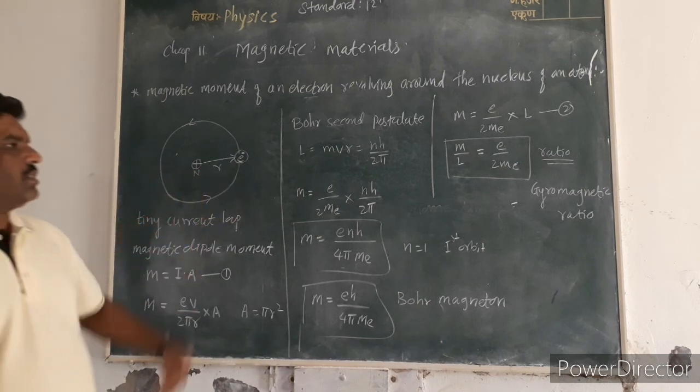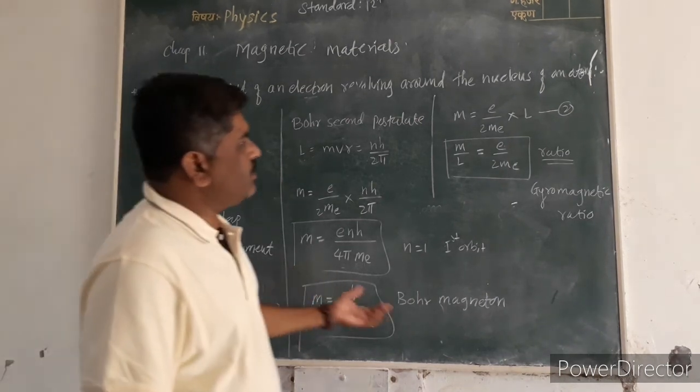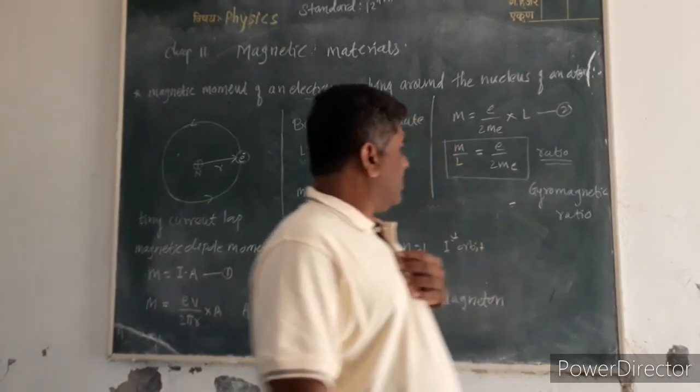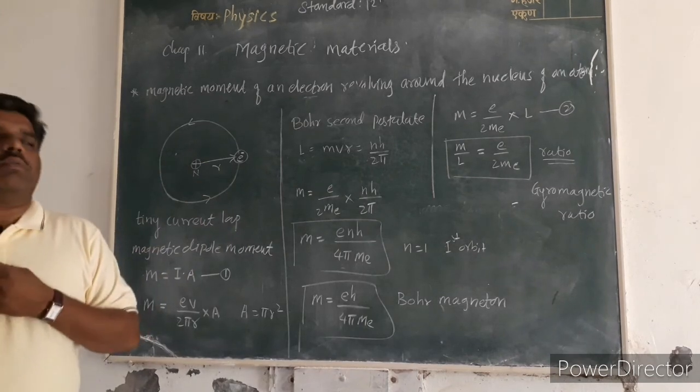Then next is our knowledge: what is meant by Bohr magneton, what is meant by gyromagnetic ratio, or what is meant by angular momentum of the electron.